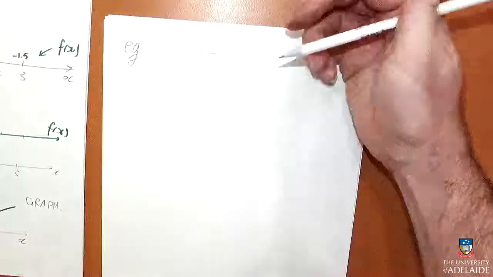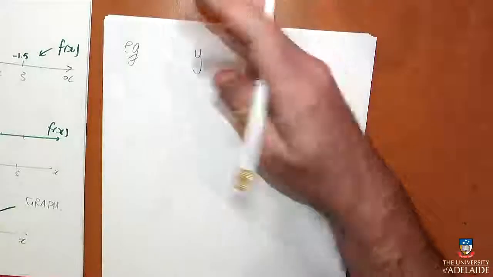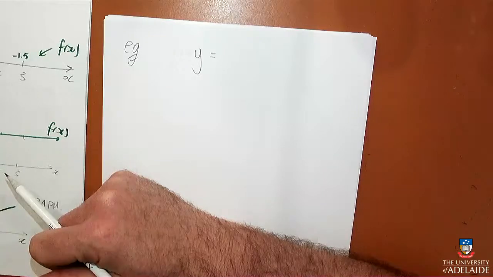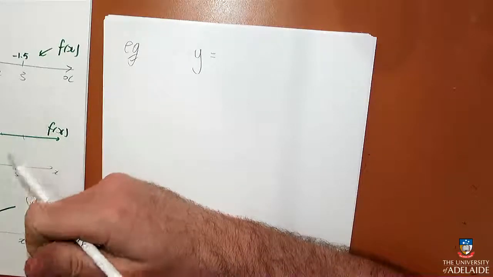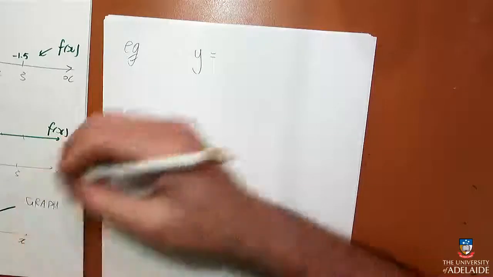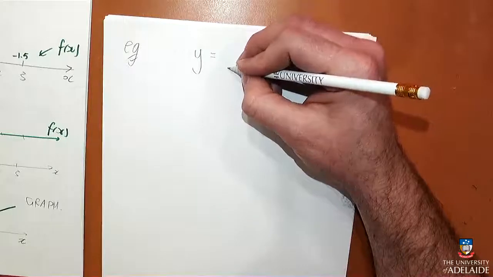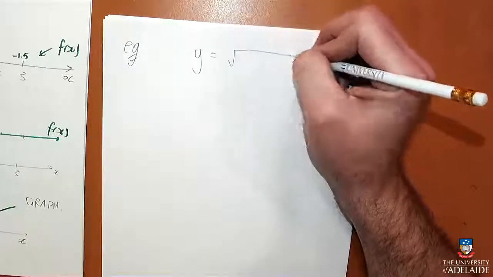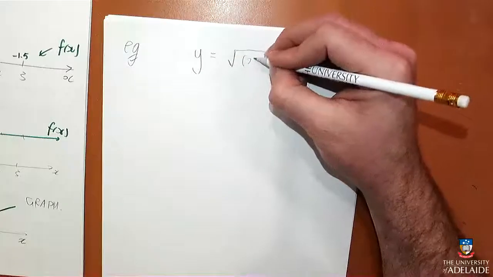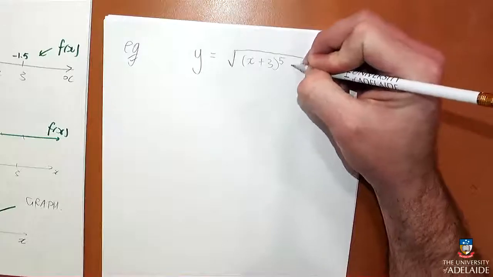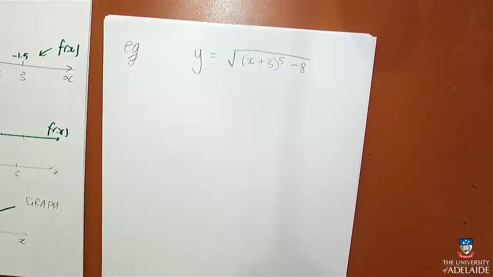Today I shall call it Y. Okay, so what if I had a chain of things that are all inside each other, with bits and pieces inside other bits and pieces? So what if I had a great big root, something like that. It's awful, right? But not that awful for differentiating purposes.